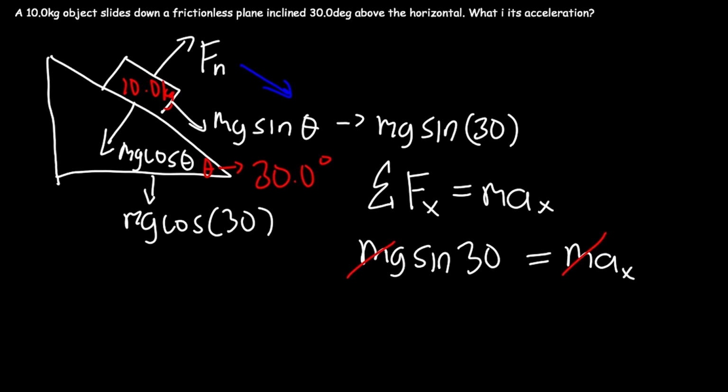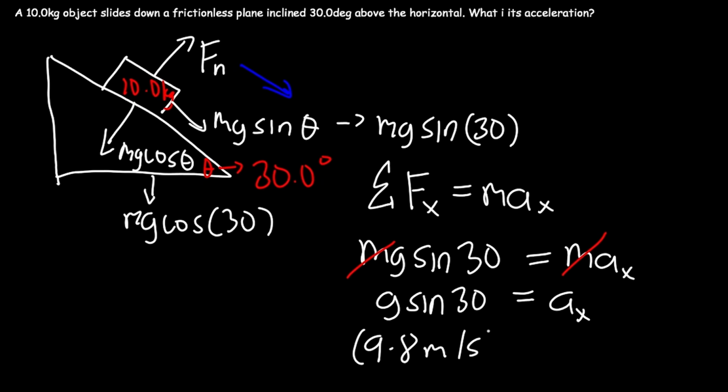So, therefore, magkakaroon na lang tayo ng g sine 30 is equals to a sub x, no? And we know for a fact that gravity, no, has a value of 9.8 meters per second squared.